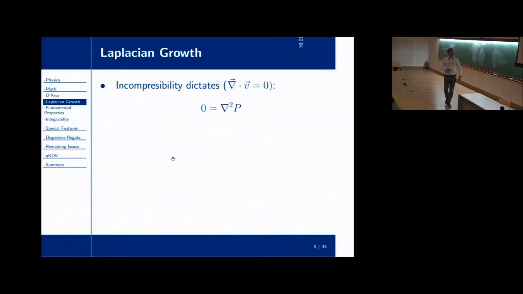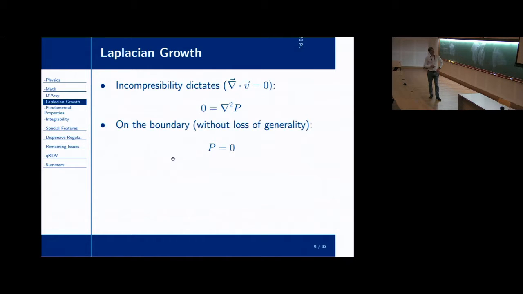We have incompressible flows, which means that the divergence of the velocity is 0, and since the velocity is the gradient of the pressure, the pressure is a harmonic field outside the droplet. So we have a harmonic field P, which dictates the velocity. On the boundary of the droplet, we have a constant pressure, which we can set without loss of generality to 0, since we're only interested in relative pressure differences.